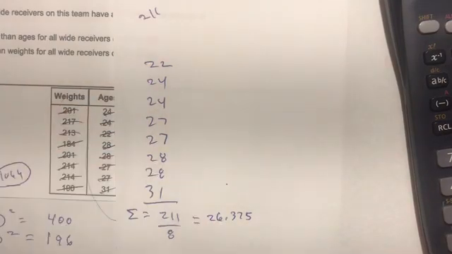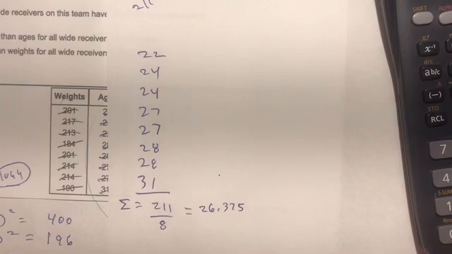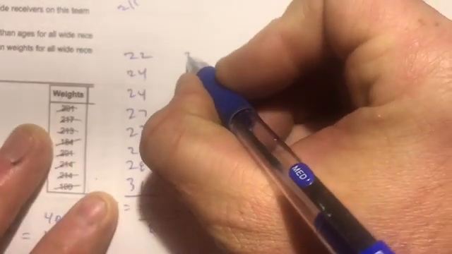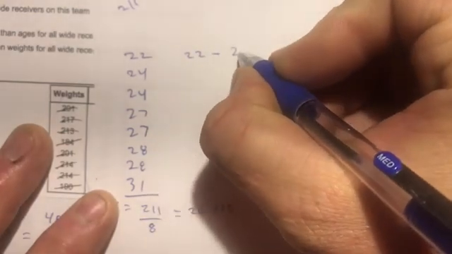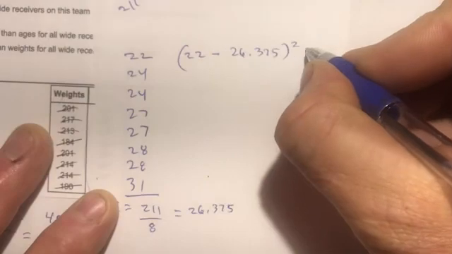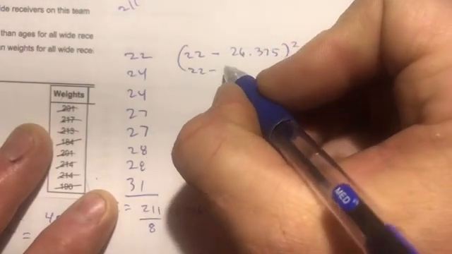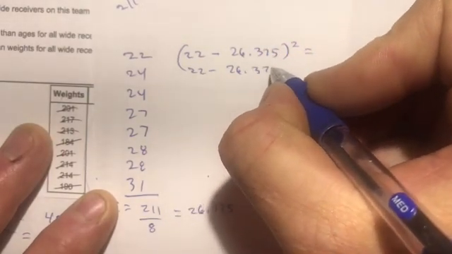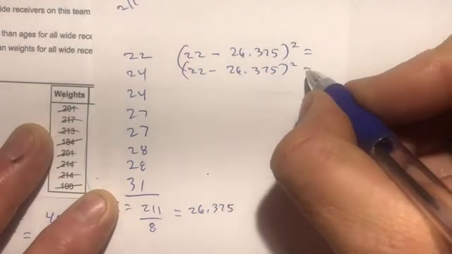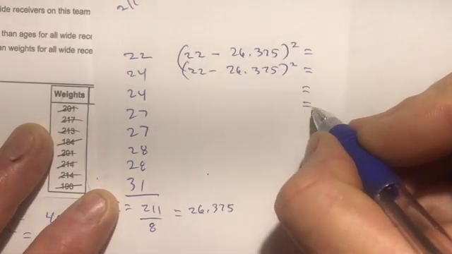That's going to make it complicated, with a bunch of decimals. So right here, I'm going to do 22 minus 26.375, and I'm going to square it. I'm going to do 24 minus 26.375, and square it. I'm going to do that for each one of these.